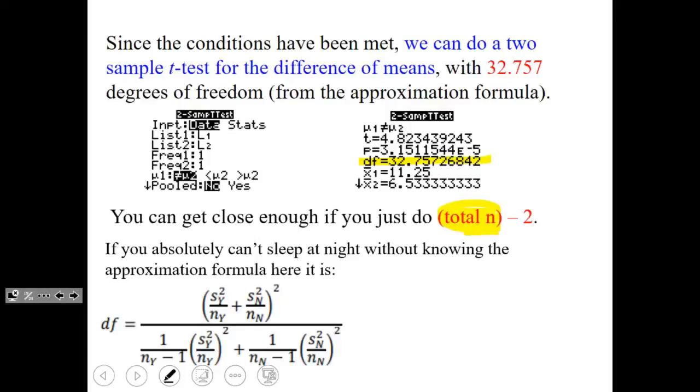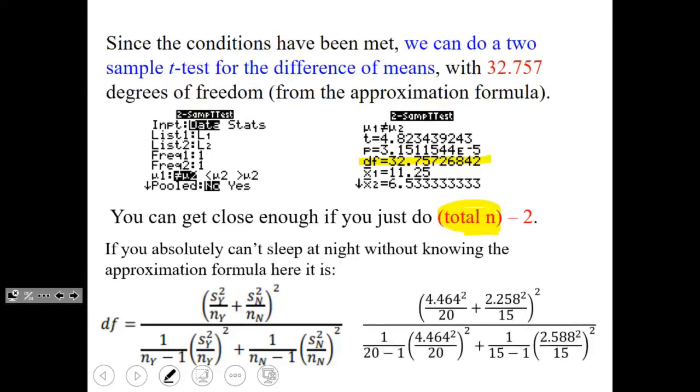And it's pretty ugly. And you put in all the numbers, that's what you get. I like using the calculator. I highly recommend it. And we have the calculator for a reason. It's a powerful tool. Let's use it. Okay. The other thing is total n minus 2, something else to think of.